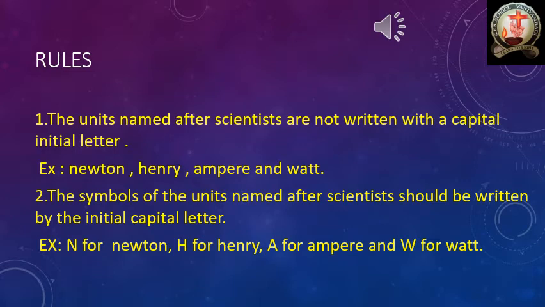So what we learned from this second point is that whenever you are writing, instead of the total scientist or unit name, you write only one letter. For our convenience, we write only a single letter.